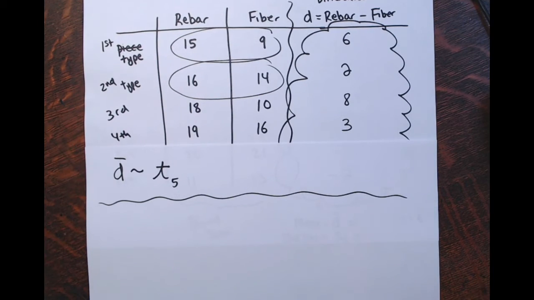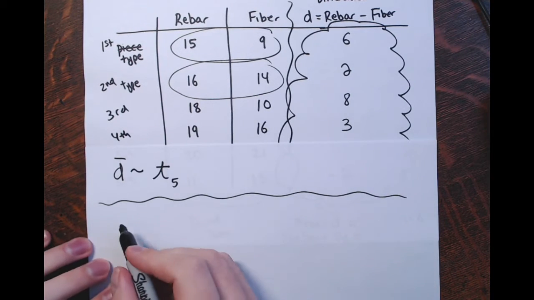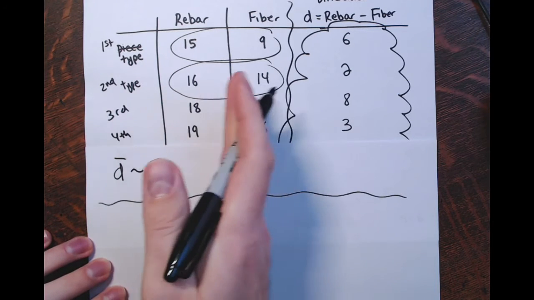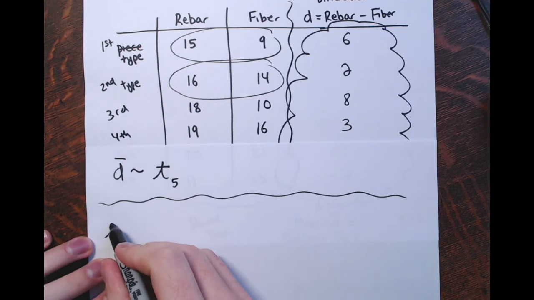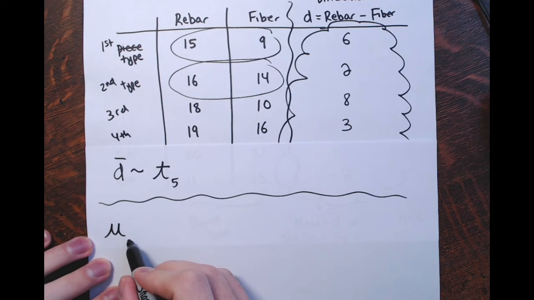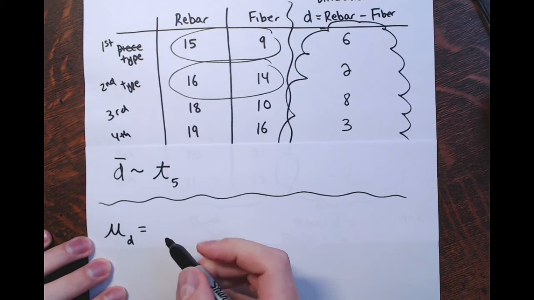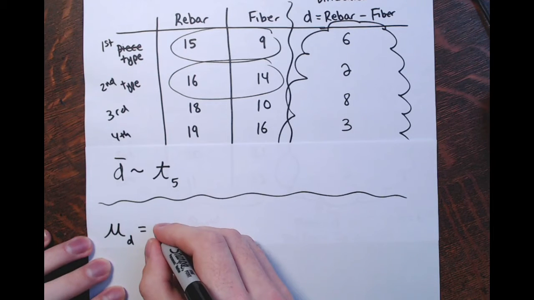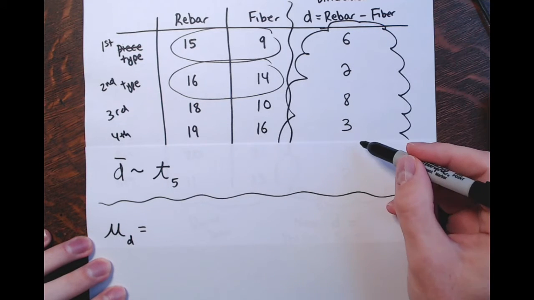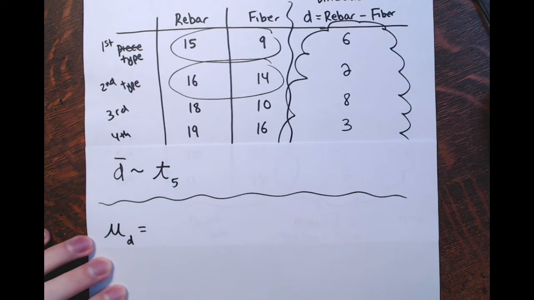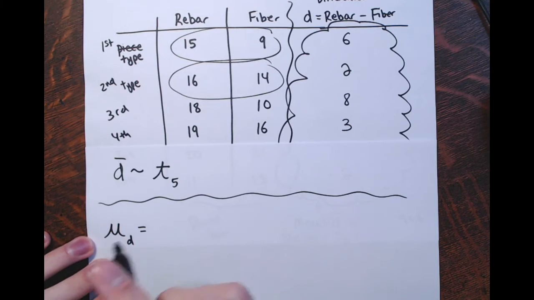we're going to focus on setting up the hypotheses. Now, in order to do that, remember for these tests, when we're dealing with paired data, the claim and the hypotheses all have to do with this mu sub d. Mu sub d is the average difference in crack time, the time it takes for these to crack under stress, for all types of concrete.